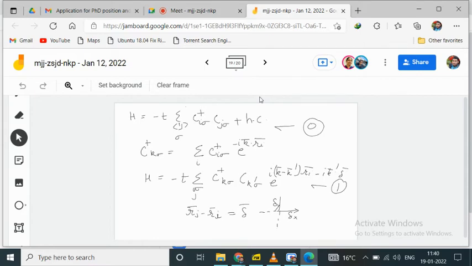So now tell me what will be the final Hamiltonian based on this? What should I write for the final Hamiltonian? Once I have done the Fourier transform, what do I get? Of course, plus there is a Hermitian conjugate term which I forgot to write here. So what do you get now at the end?